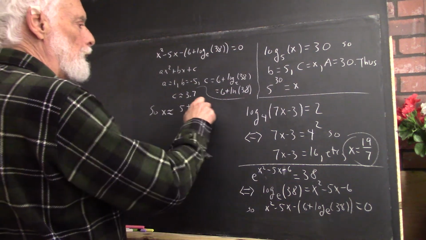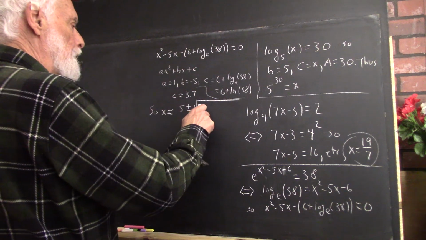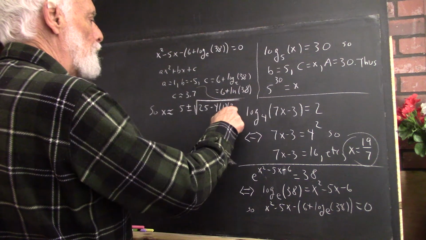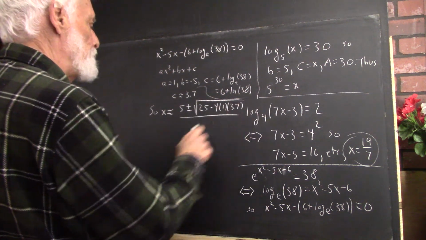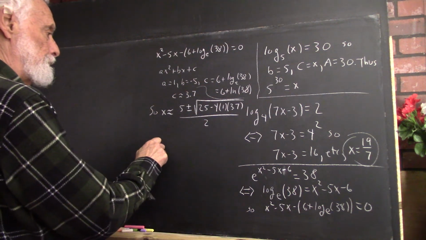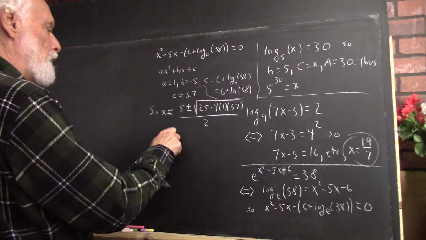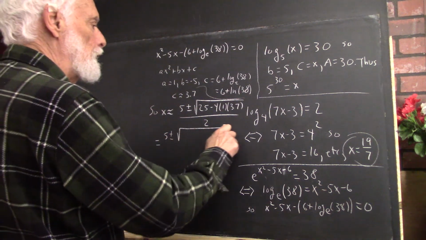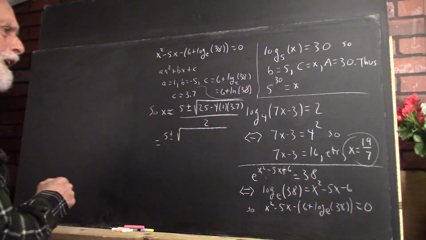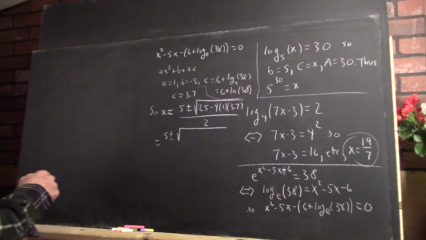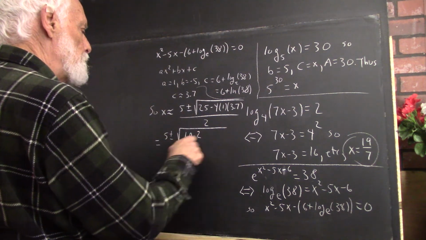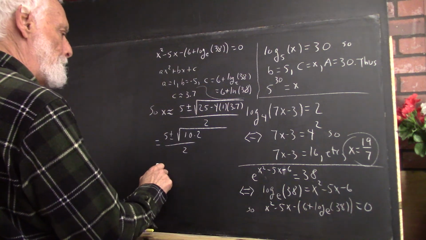Well, you just use the quadratic formula. 5 plus or minus the square root of 25 minus 4 times 1 times 3.7, all divided by 2. And that's going to be 5 plus or minus the square root of, 4 times 3.7 is 14.8, 25 minus 14.8 is 10.2, over 2.